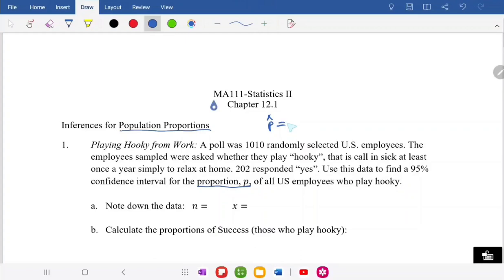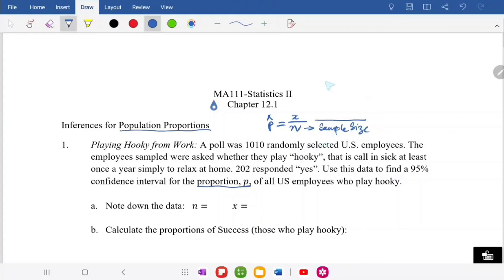And the formula for p hat is X divided by n. n represents the total sample size, whereas X represents the number of people or items or entities that meet a specified attribute.